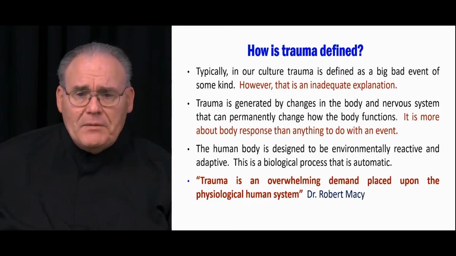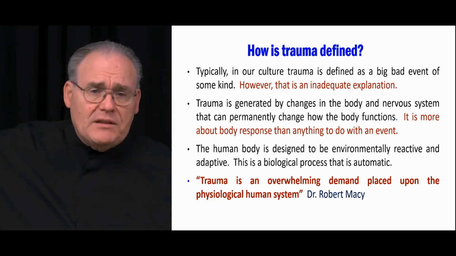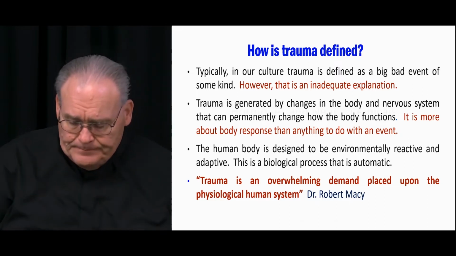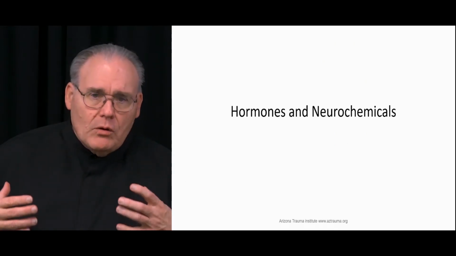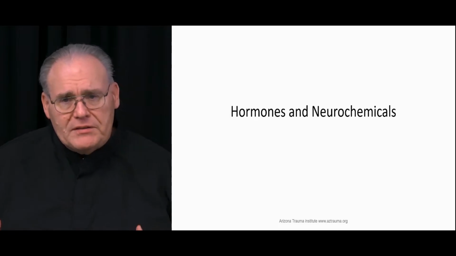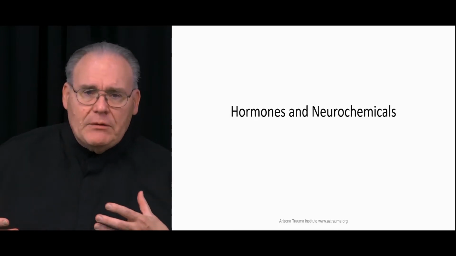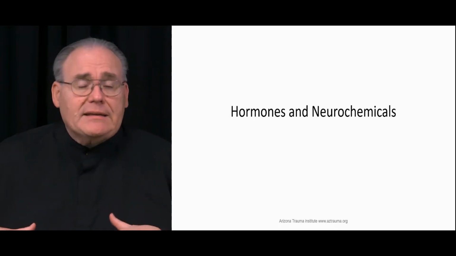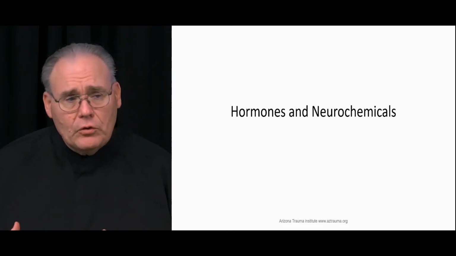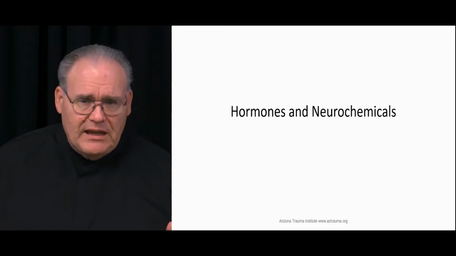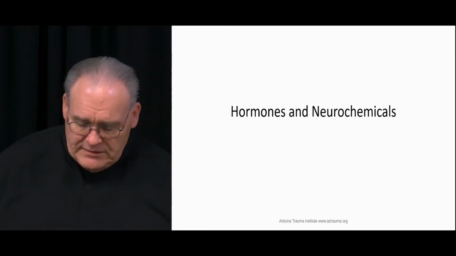So again, trauma is an overwhelming demand placed upon the physiological human system. So we're going to start with hormones and neurochemicals. Again, what we want people to know is enough about the physiology to understand what's happening when they're having a traumatic experience overwhelming their body, which is congruent with the definition we just gave you from Robert Macy.